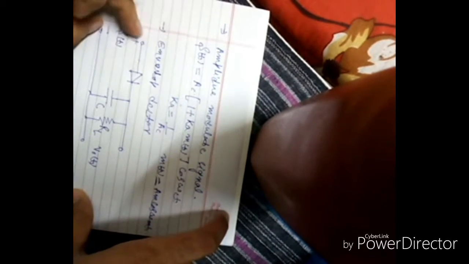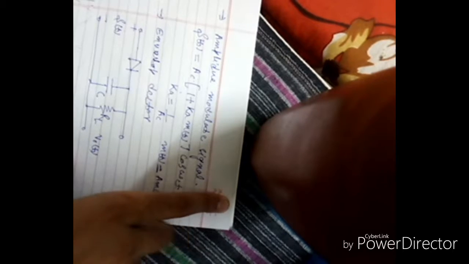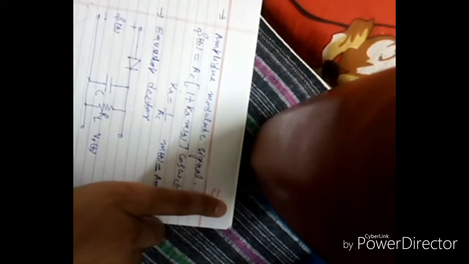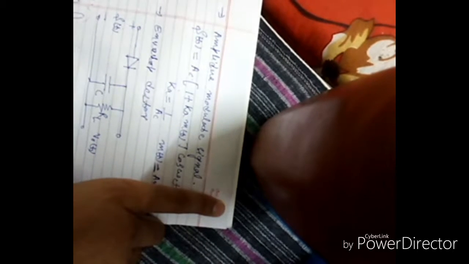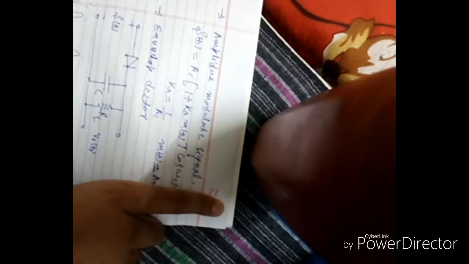So now, as I am applying s of t, the amplitude modulated signal, at the input of the envelope detector, this is my amplitude modulated signal at the input.